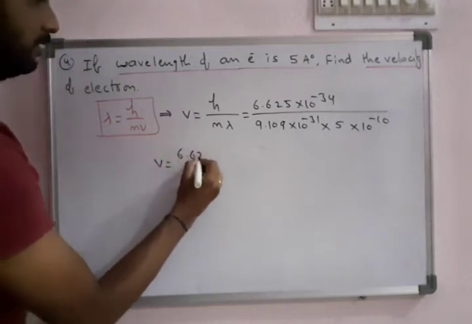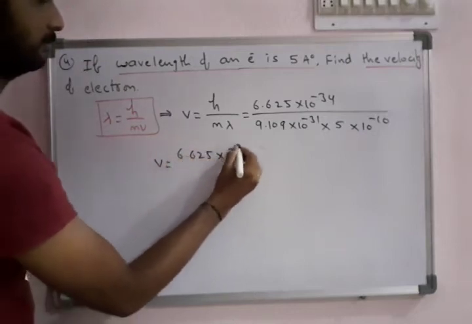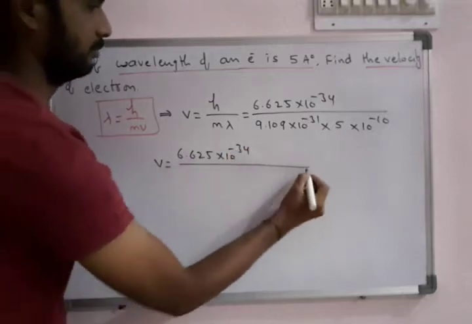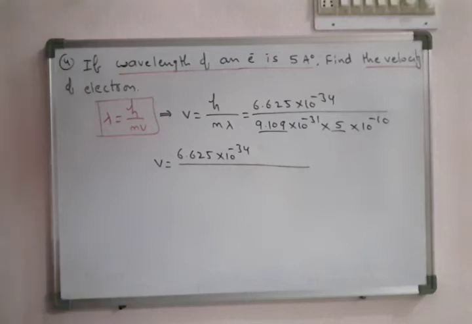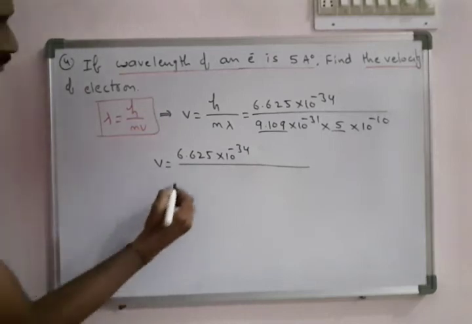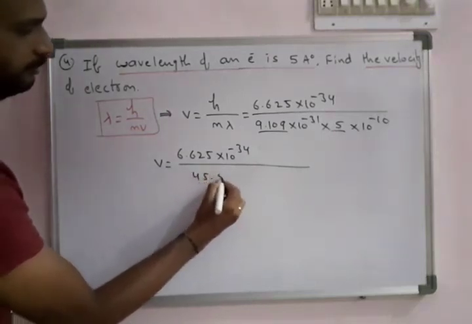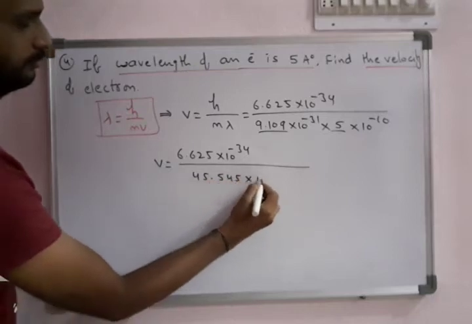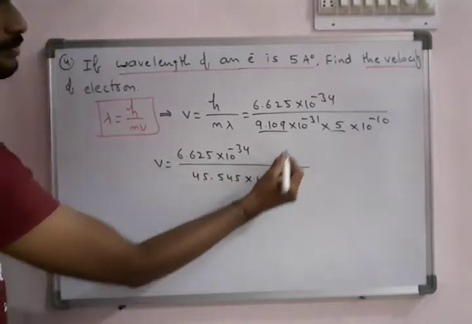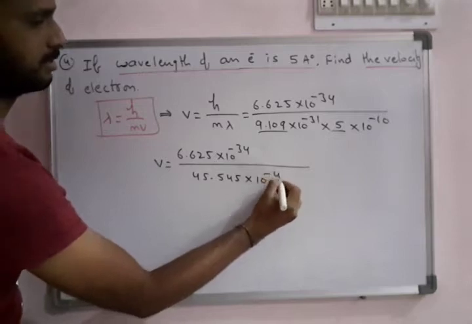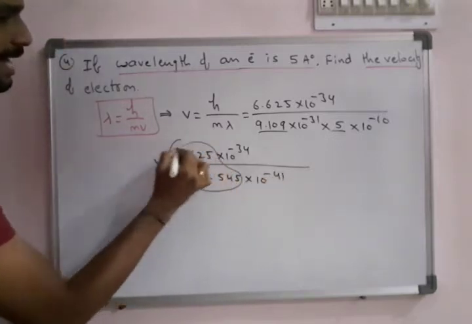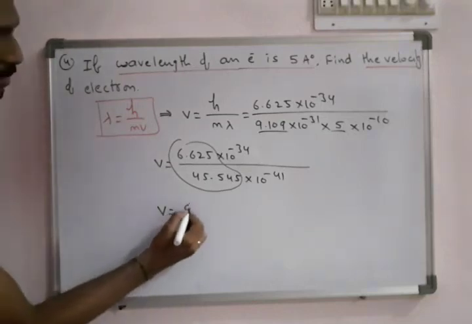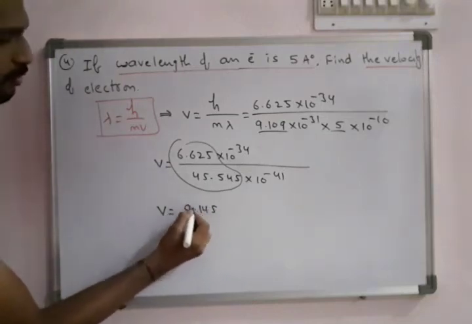So here we get, by multiplying this, approximately 31, here this is 41, and on this calculation we will get 0.145.